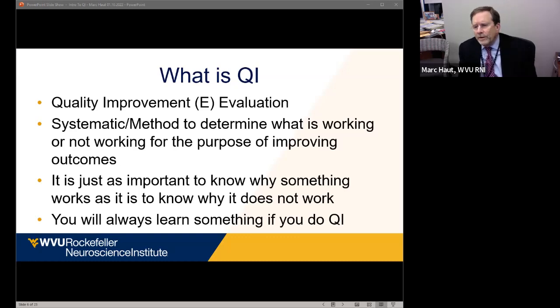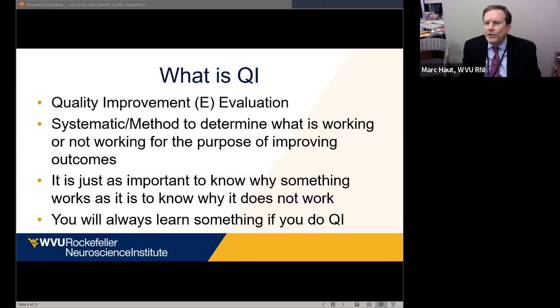The other thing that's important to keep in mind is that you're not just trying to figure out why something doesn't work, but it's just as important to learn why something works and what the pieces of whatever you're providing are that do things well, because you want to replicate that and expand that also, not just correct things that aren't working.